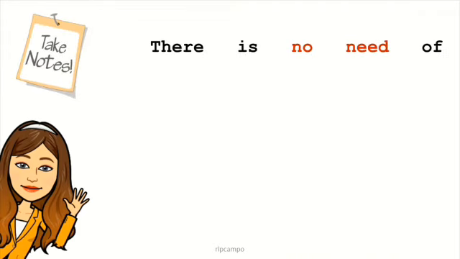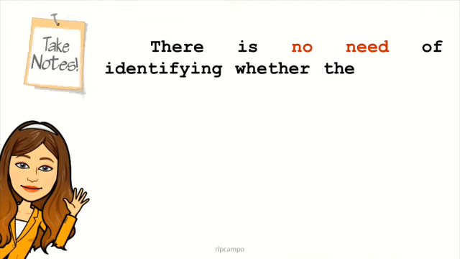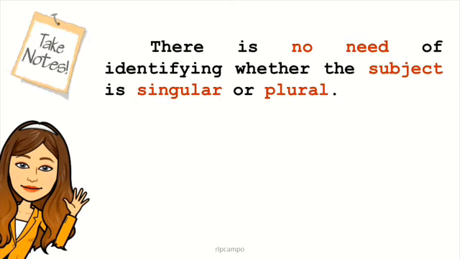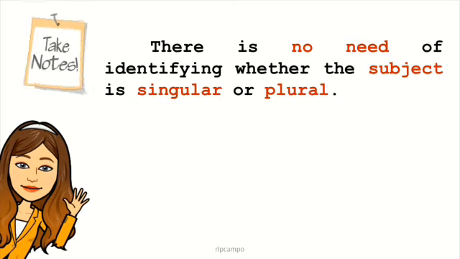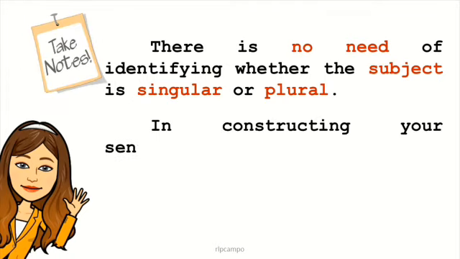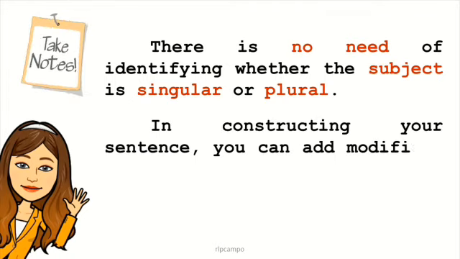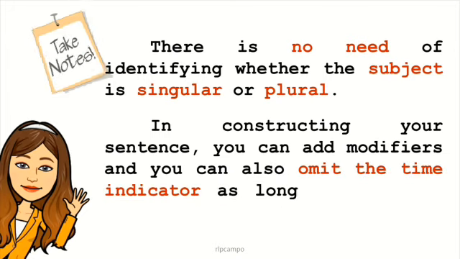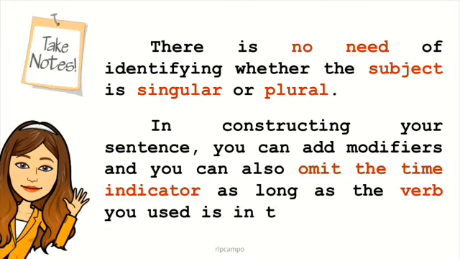Take note that there is no need of identifying whether the subject is singular or plural. In constructing your sentence, you can add modifiers, and you can also omit the time indicator as long as the verb used is in the past tense.